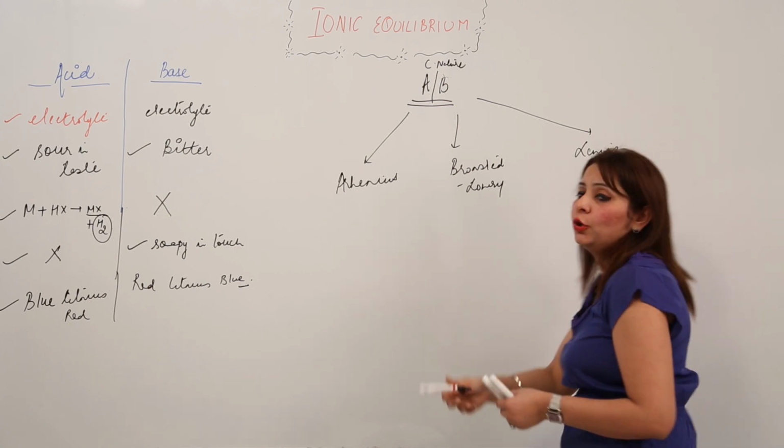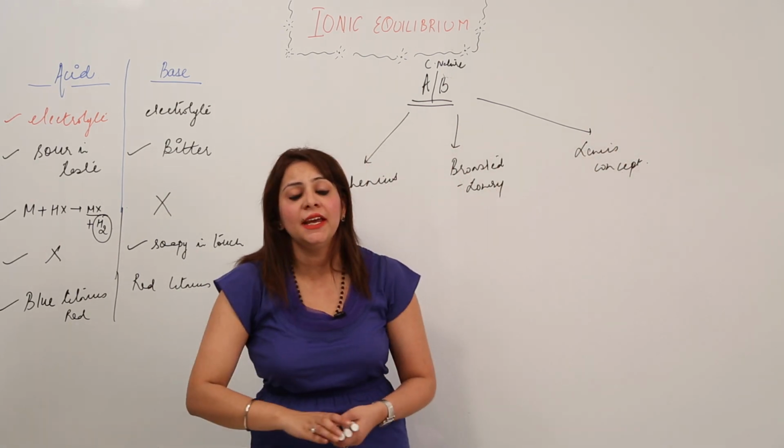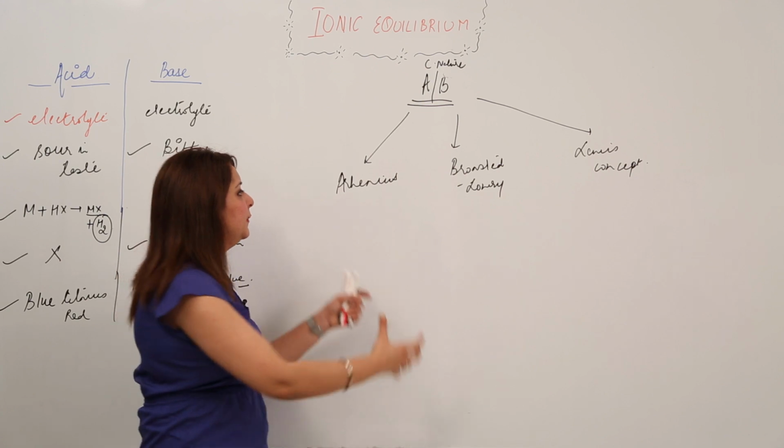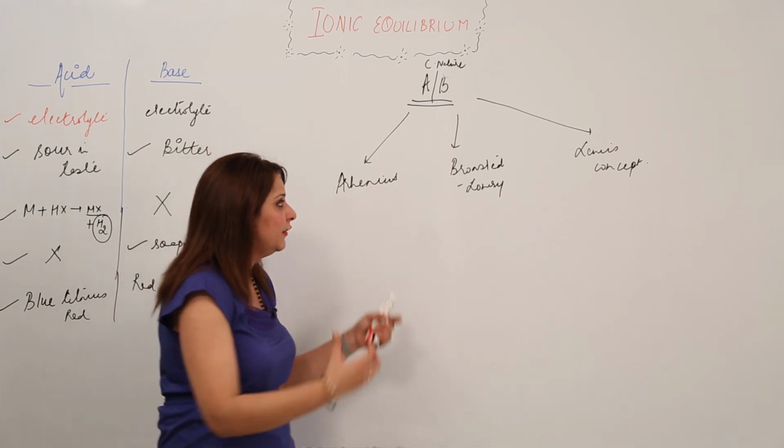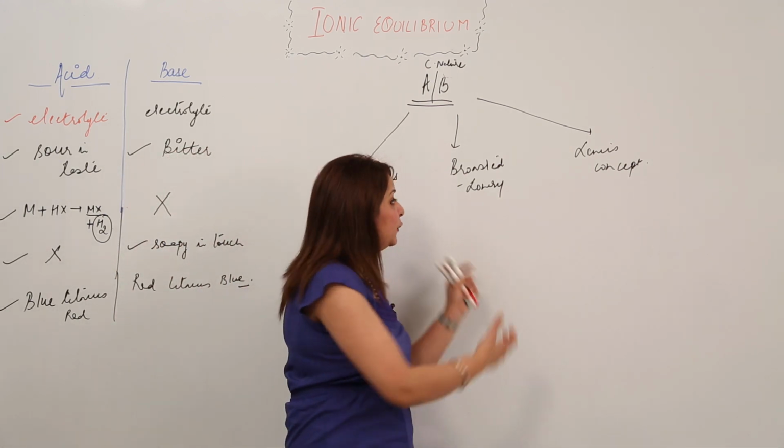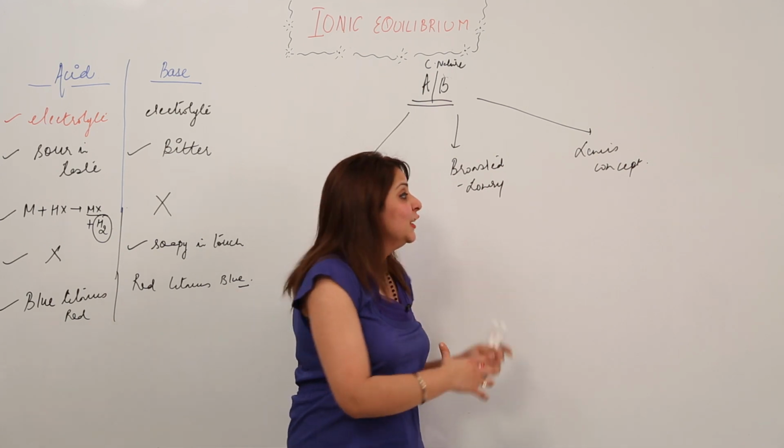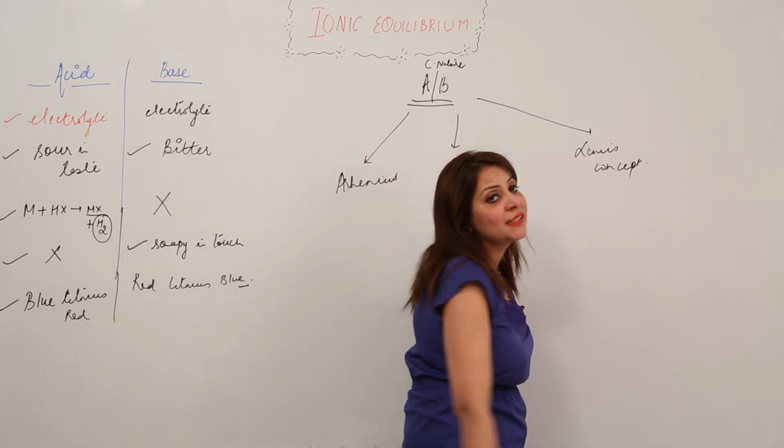There were some limitations of the Arrhenius theory which were covered by the Bronsted-Lowry concept. It was a broad concept, but the still wider concept is the Lewis concept, right?